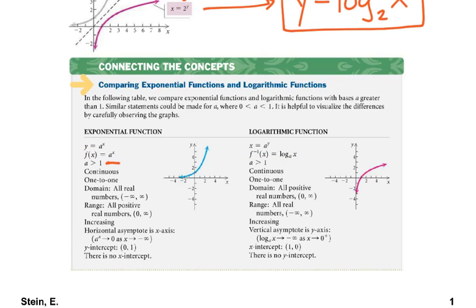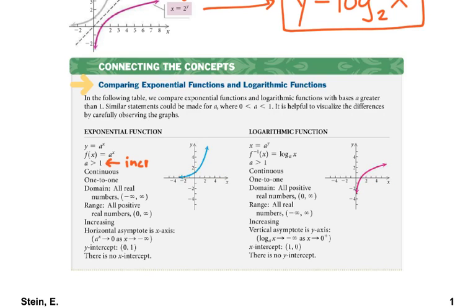We talked about the base being bigger than 1. If the base is bigger than 1, the graph is increasing. And that's the same property for a logarithm. If the base is bigger than 1, we end up with an increasing graph. If the base is fractional between 0 and 1, we're going to have an exponential graph that is decreasing, or a logarithmic graph that is decreasing.